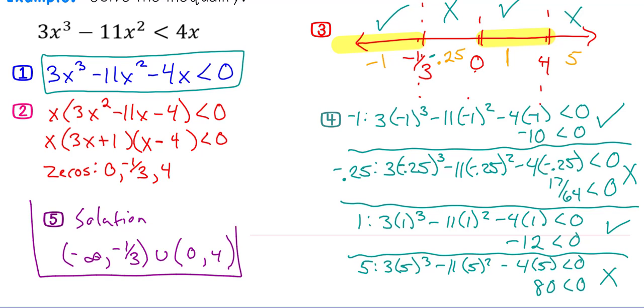Okay, so that would be my solution. And once again, because there's no equal sign under there, that means I'm using the parentheses and not the brackets.